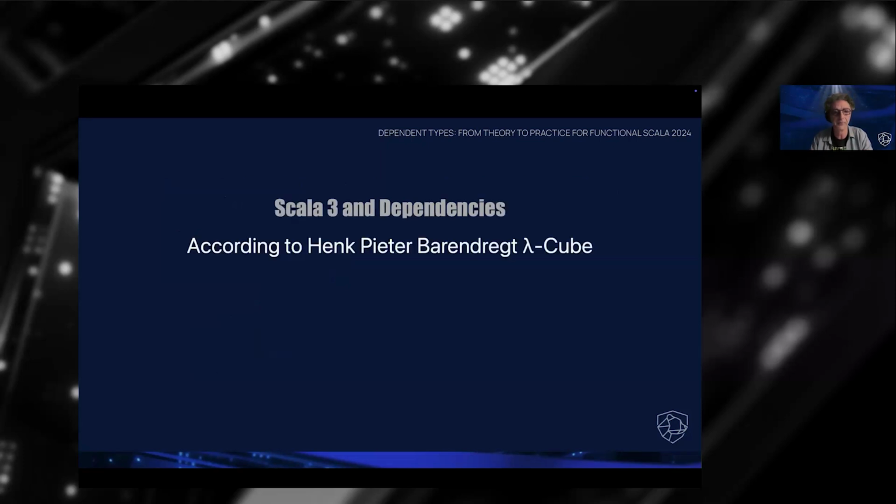This is really important. So if you go back and keep in mind what Scala 3 is, let's see how dependency is addressed in the language. According to Henk Barendregt's lambda cube, we have the first dependency, where terms can bind terms, okay? And this is purely functions.